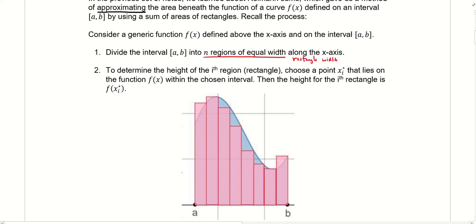And then we used some method, either using left endpoints, right endpoints, or midpoints to determine the heights of the rectangles. So we chose a point, some x value, on our interval, and we saw where that value of x was on the function, and that gave us the rectangle heights.